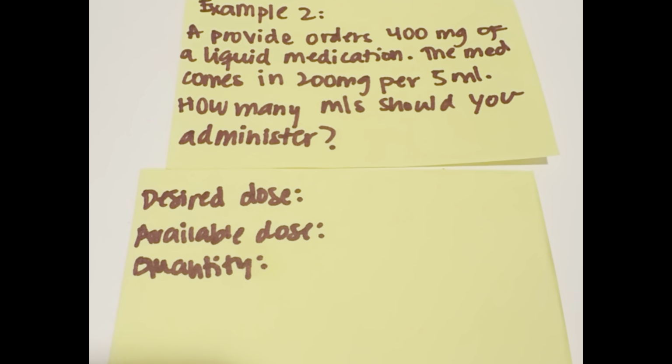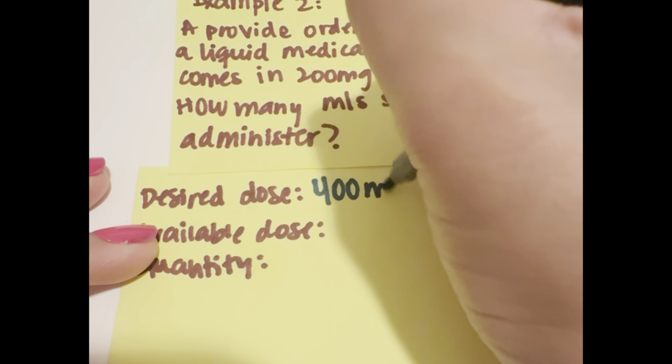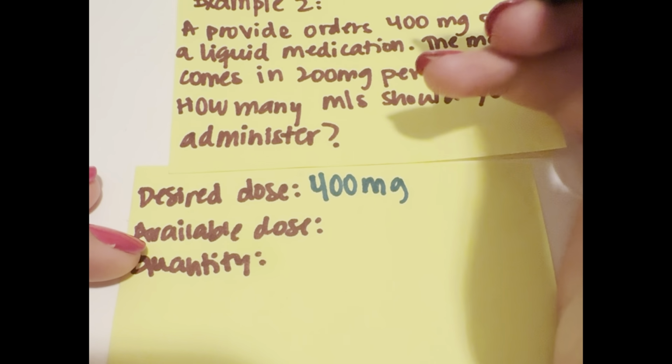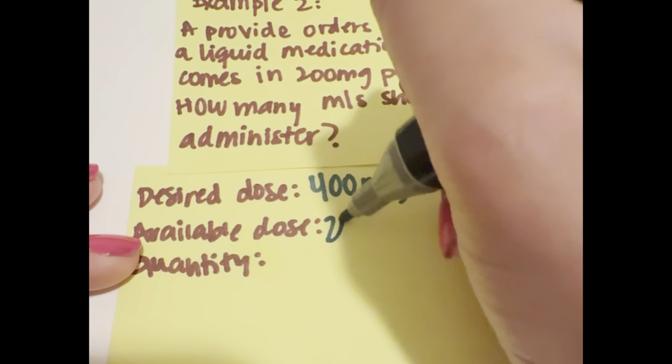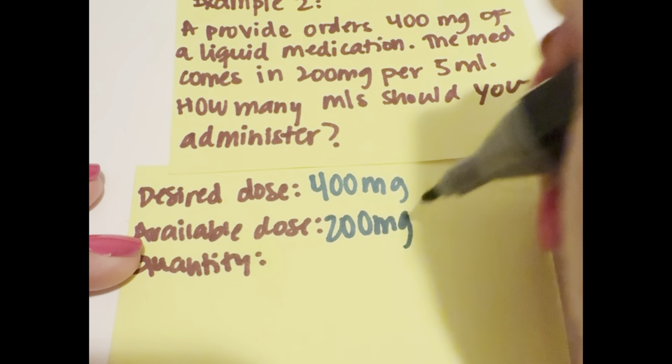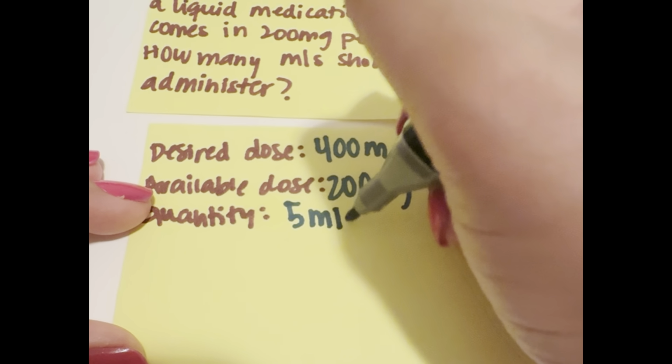Desired dose is what your doctor wants you to give, so 400 milligrams. Available dose comes in 200 milligrams, and quantity is in mLs this time because it's liquid, so you write 5 mLs.